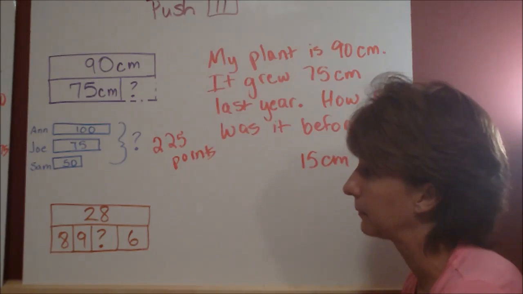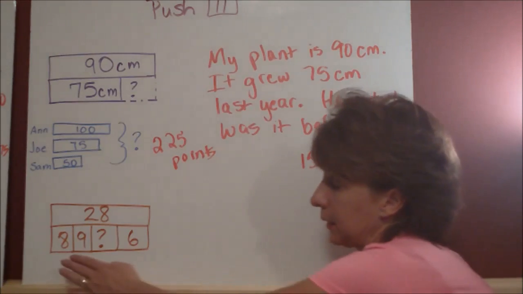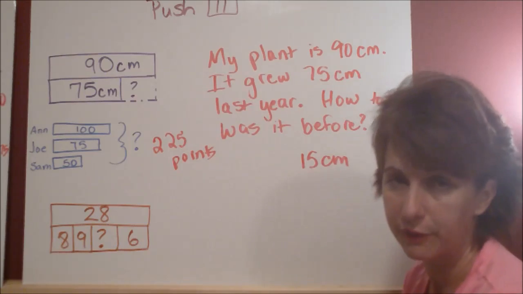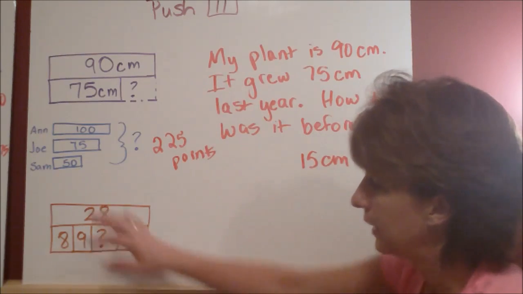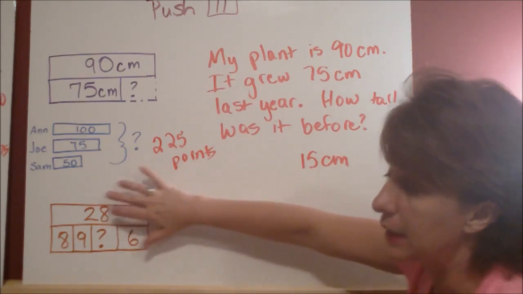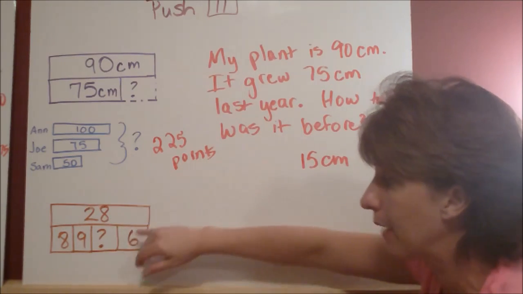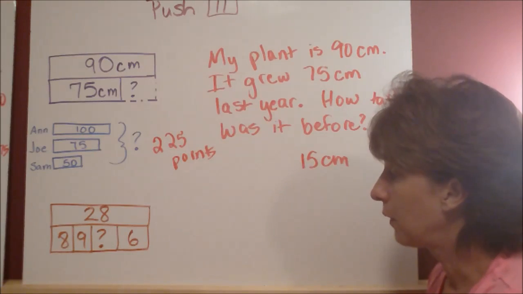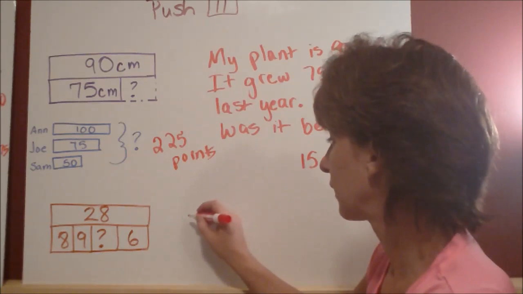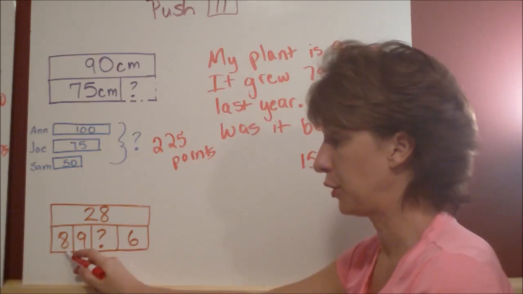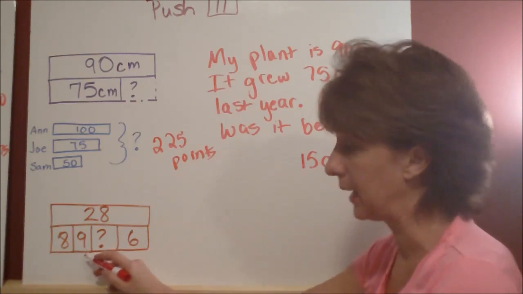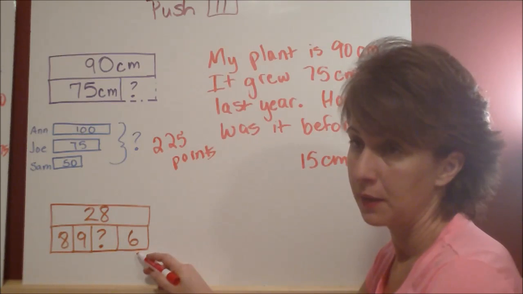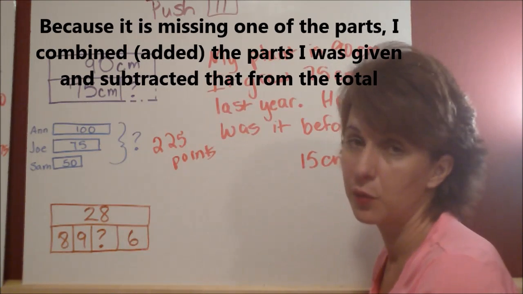And then this one is missing a part, which means you should have written a subtraction problem. This is your total of what you have, and each of these have to add up to 28. So I may say, Monday I did 8 push-ups, Tuesday I did 9, Thursday I did 6, I did a total of 28.